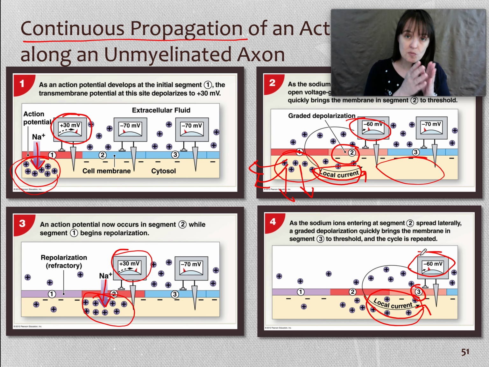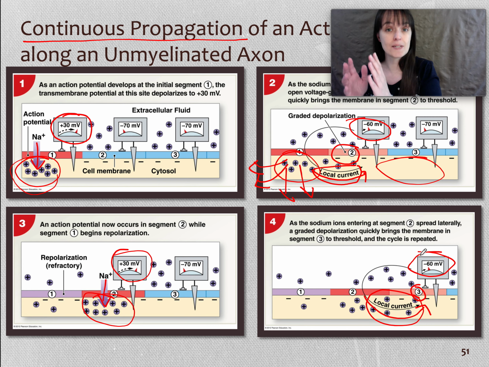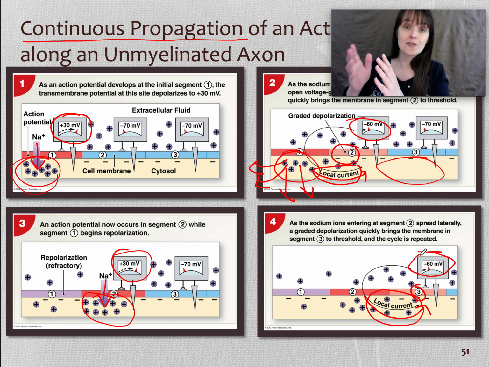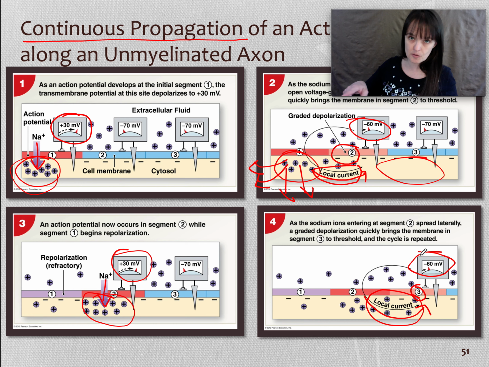So each segment that is brought to threshold starts an action potential, which allows so many sodium ions in that they diffuse around, and that local current of sodium ion diffusion brings the next segment to threshold, which starts an action potential, which brings the next segment to threshold, and so on.